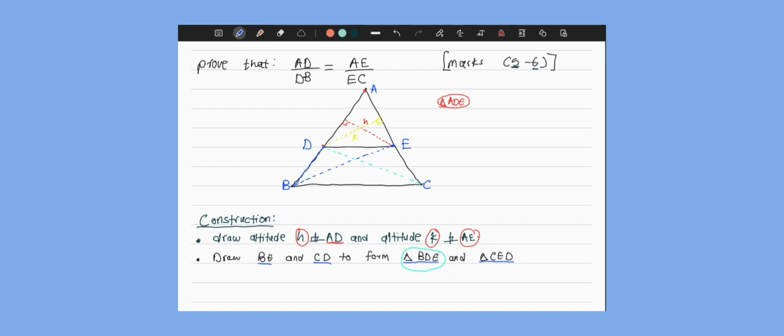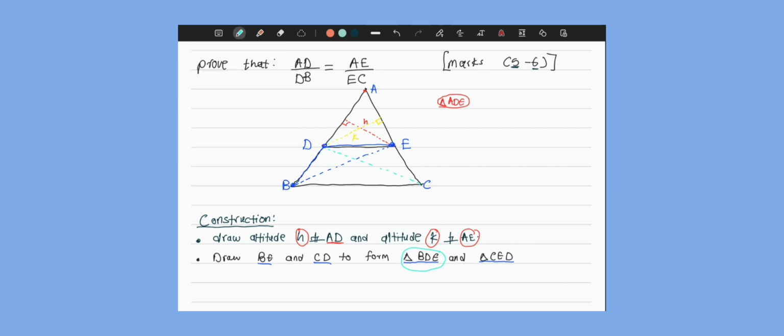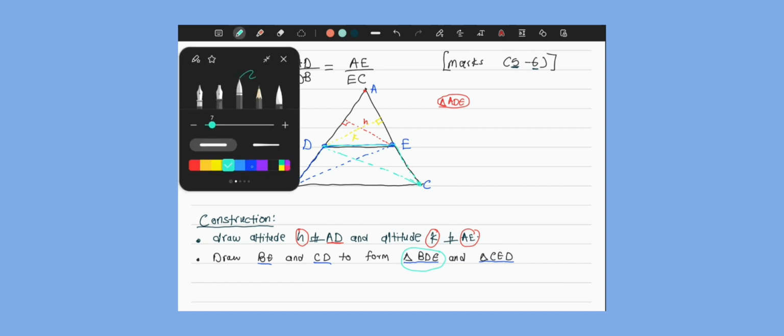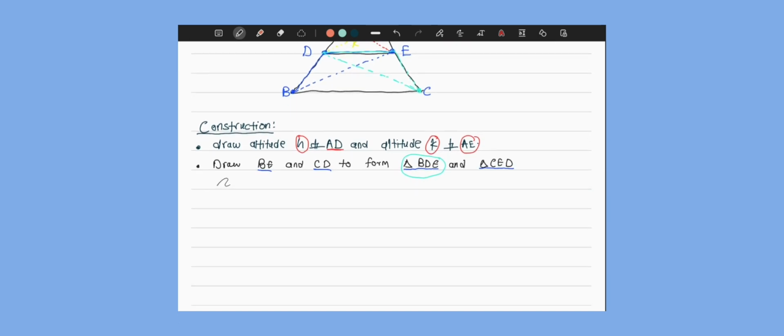This is the triangle BDE, and the triangle CED, in this color. Then I am done with the constructions. Now I have to apply the proof in detail. Let's go and do the proof.